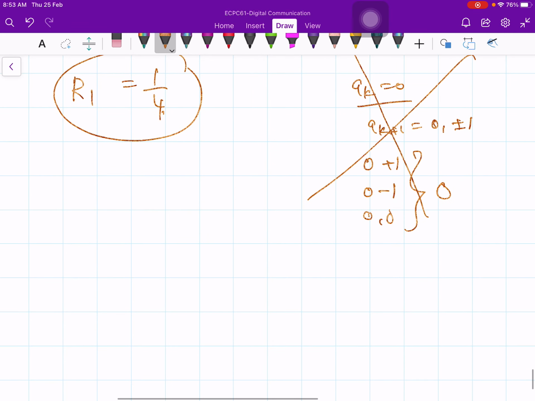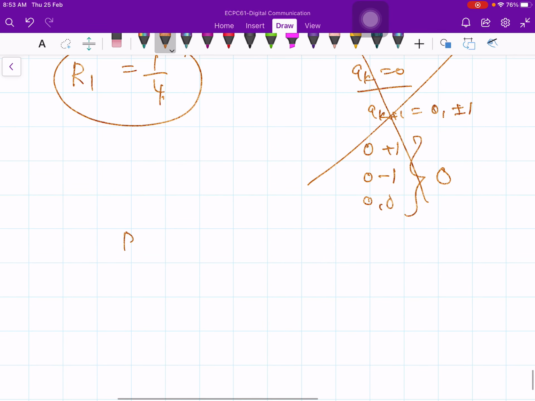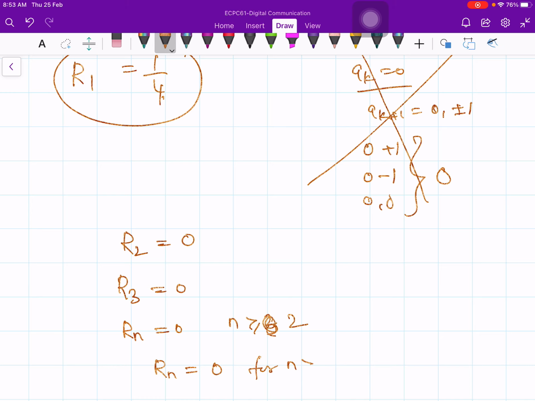Okay, similarly, if you calculate R2, then it gives 0 and R3 also 0. Therefore, Rn is equal to 0 for n greater than or equal to 2. Or I can say Rn is equal to 0 for n greater than 1.